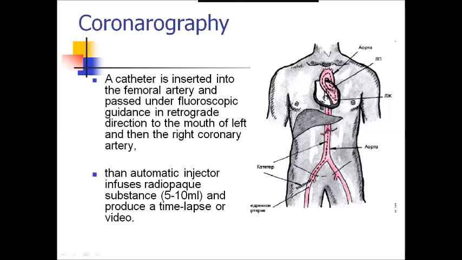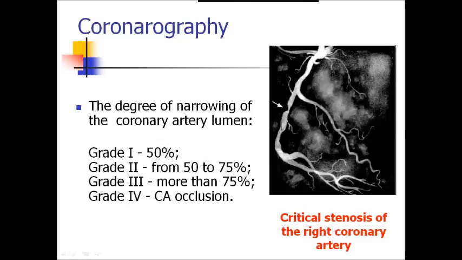What can we see in coronarograms? First of all, we can evaluate the degree of narrowing of the coronary artery lumen and establish the level of this narrowing.